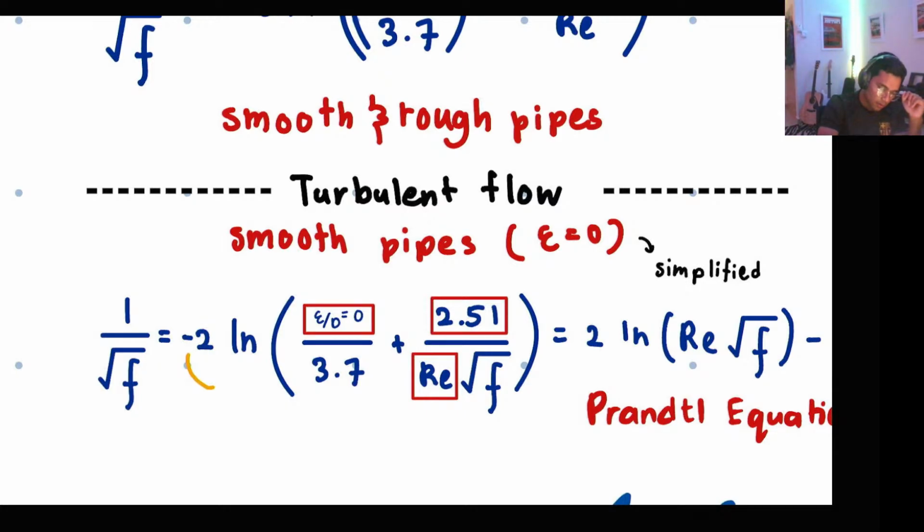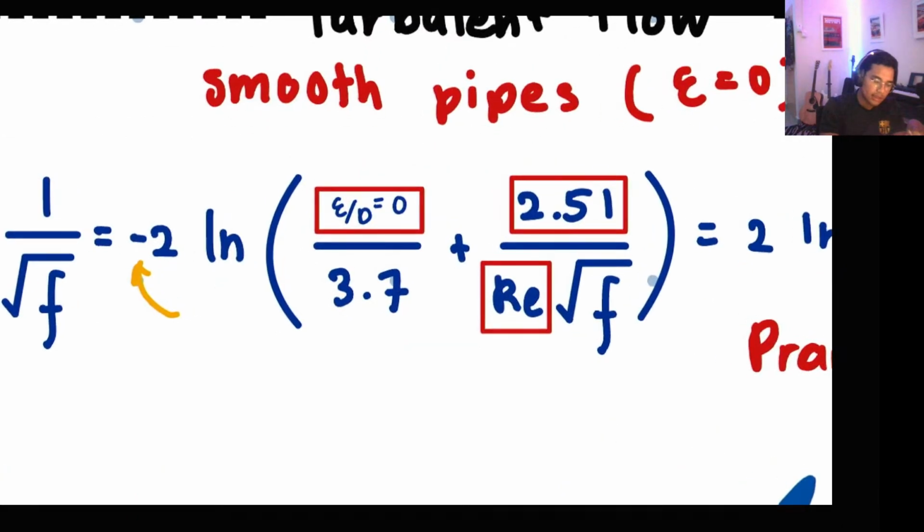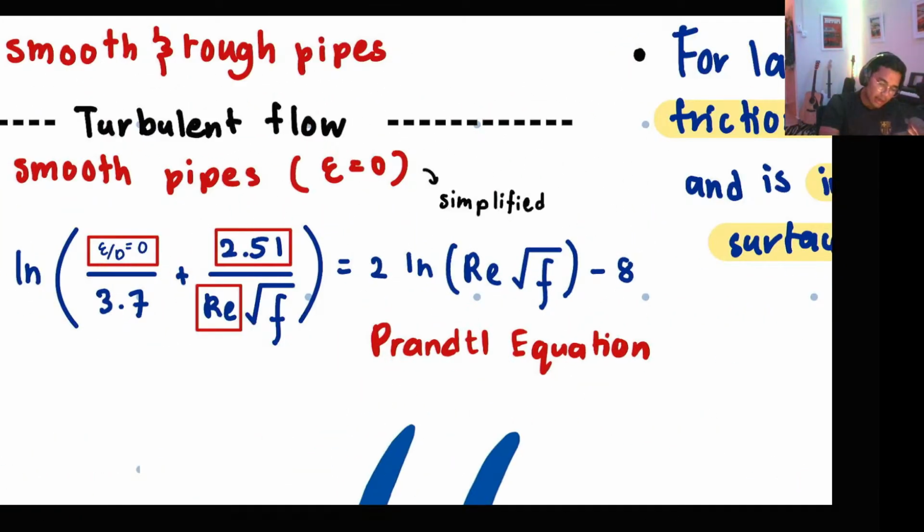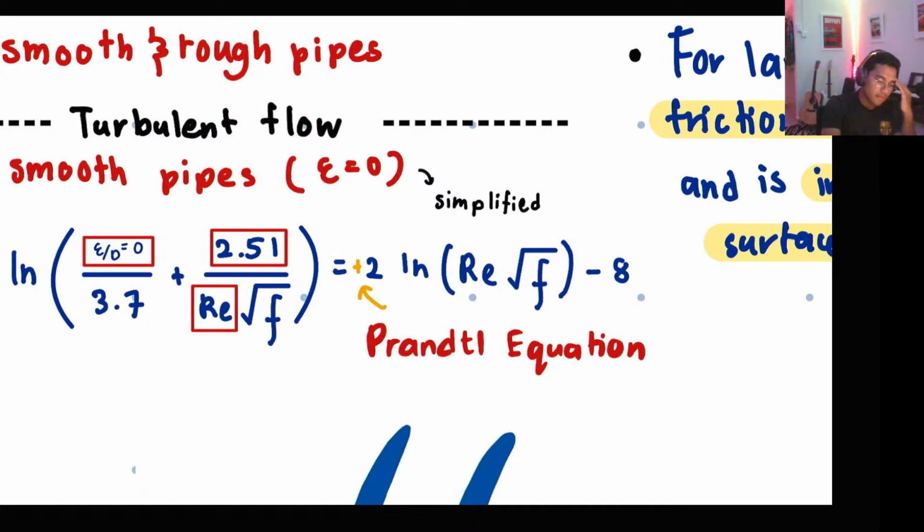How should I explain this? You see here, in front there is a negative 2, but now there is no negative, it becomes positive, because it raises the Reynolds number times the square root of the friction factor. So this is the formula for a smooth pipe.